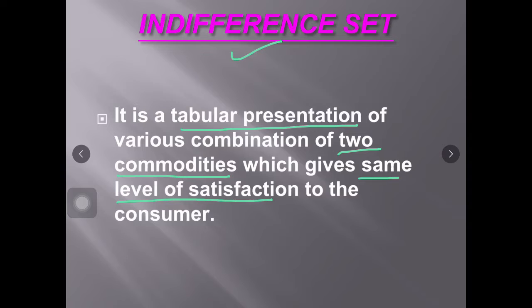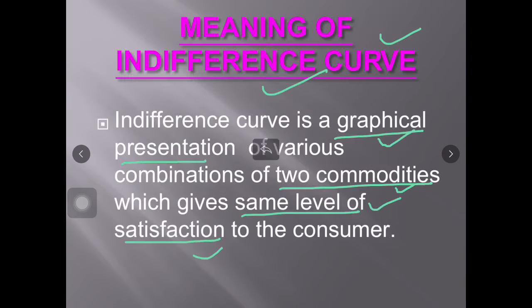That means indifference set and indifference curve are different concepts. The difference is that indifference set is the tabular presentation and indifference curve is the graphical presentation. So this is the only difference.